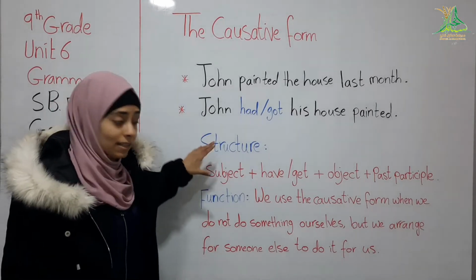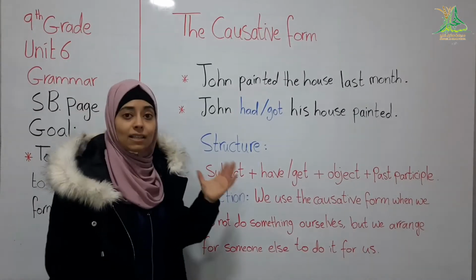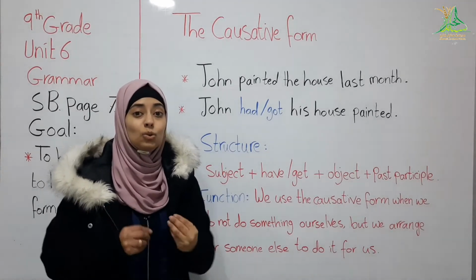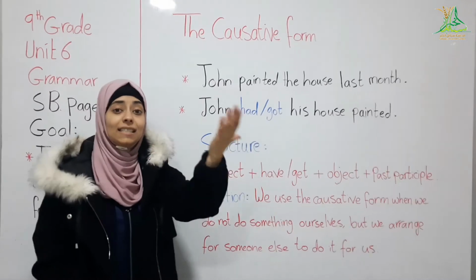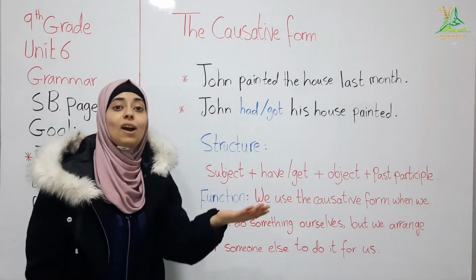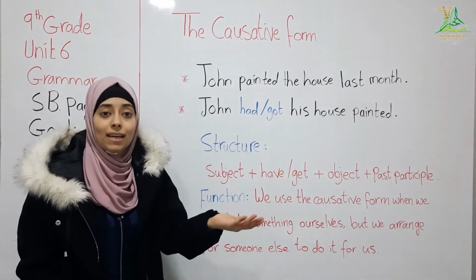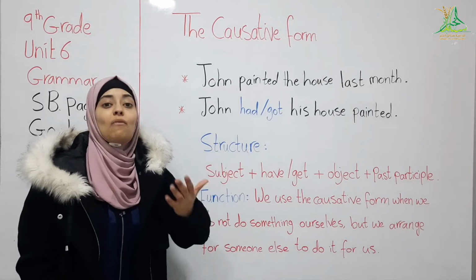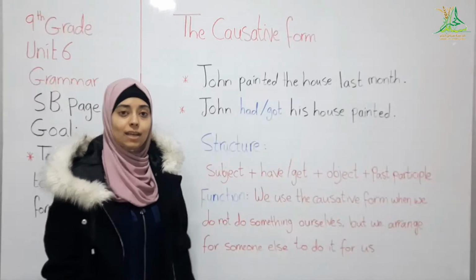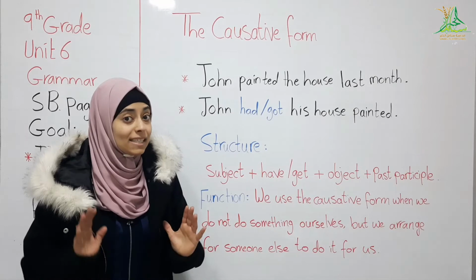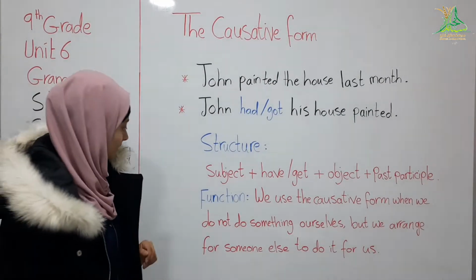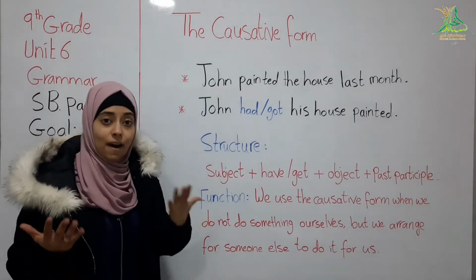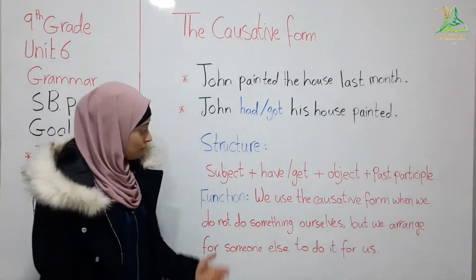So this structure tells us that the person did not do the thing himself or herself. Instead, he or she arranged for someone else to do it for them. Okay, so this is the causative form.